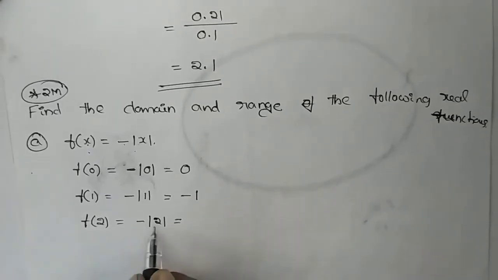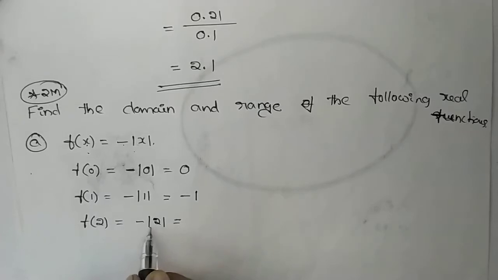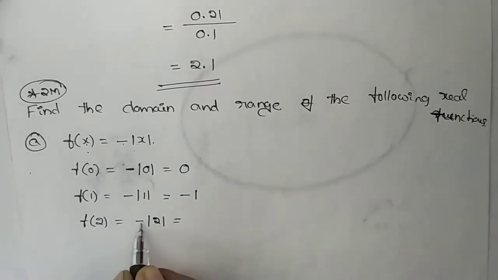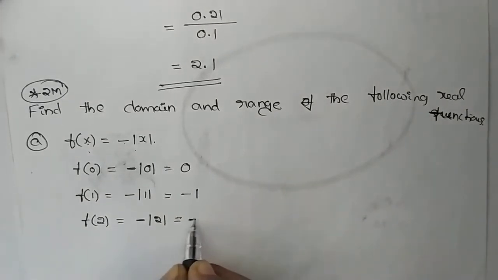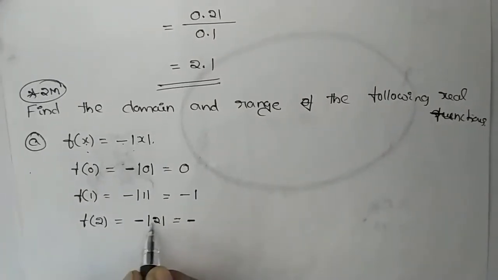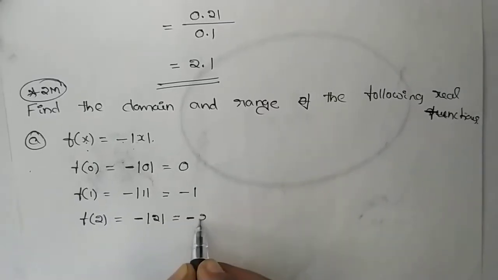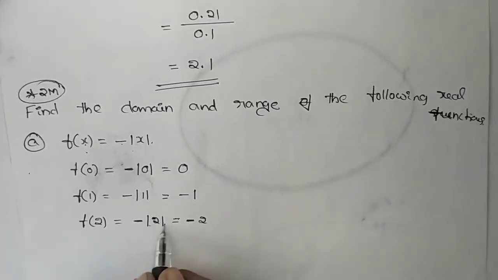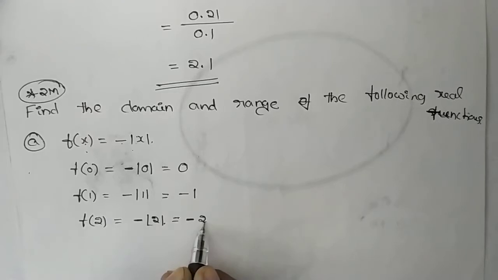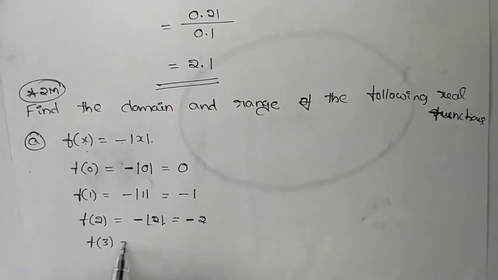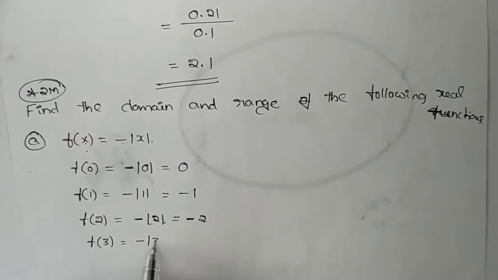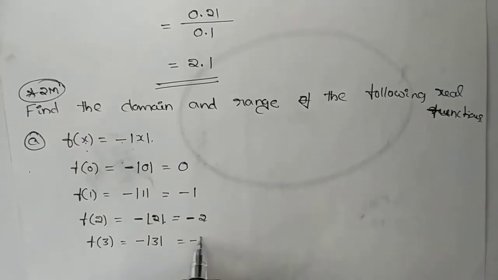Modulus always represents a positive number. Outside the modulus we have minus, you just keep that minus as it is. Modulus of plus 2 is plus 2, so the value is minus 2. Similarly, f of 3 equals minus modulus of 3 equals minus 3.